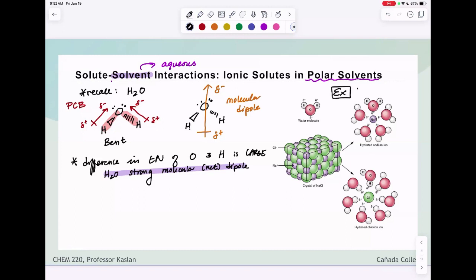of the process of sodium chloride solid being dissolved. Probably move that, it's a little squished. So sodium chloride solid in the presence of water being dissolved.